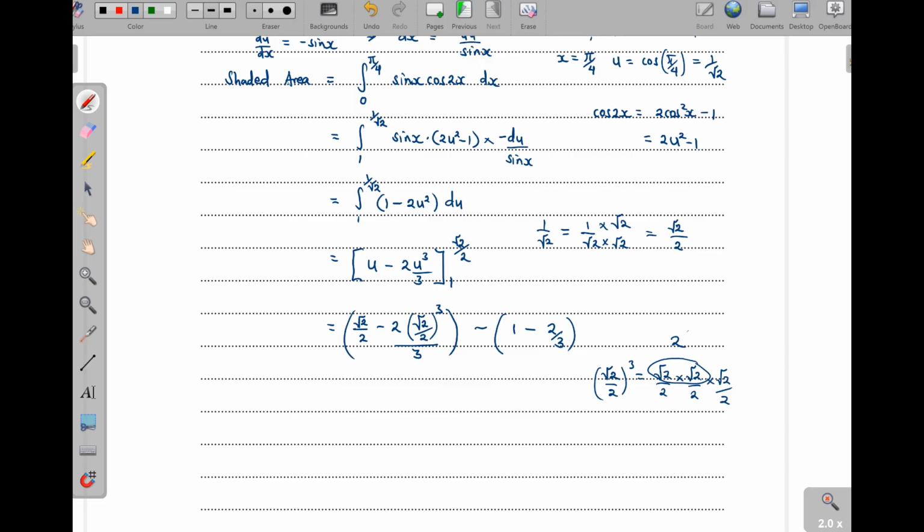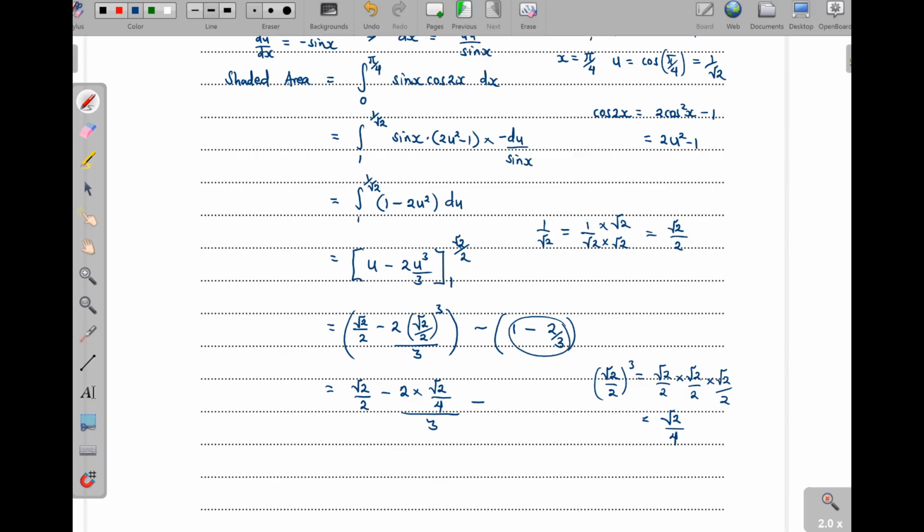Now, this 2 will cancel with the 1 there, and then we shall remain with the root 2 out of 4. You see that? So here I will have root 2 over 2, then minus 2 times root 2 out of 4. But there is a 3 here.